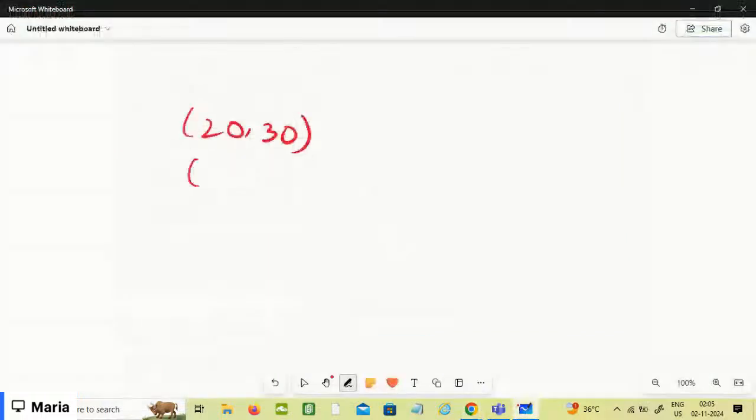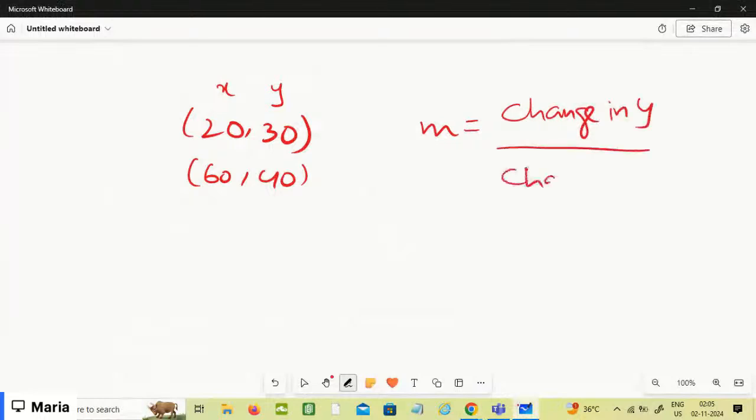So these are the x coordinates, these are the y coordinates. The slope is change in y divided by change in x, right?